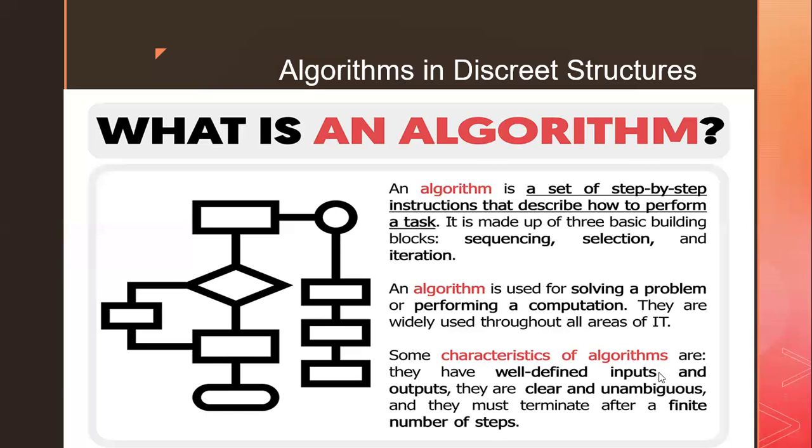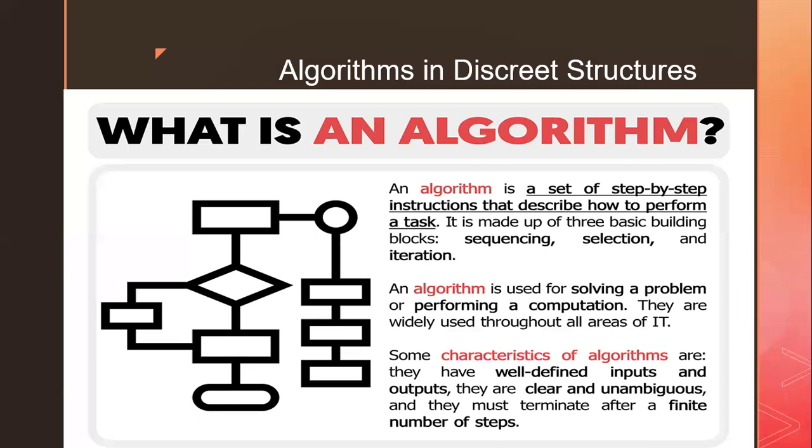Some characteristics of algorithms include well-defined inputs and outputs. They are clear and unambiguous, meaning they are not open to interpretation. Ambiguity basically means that it's not known.